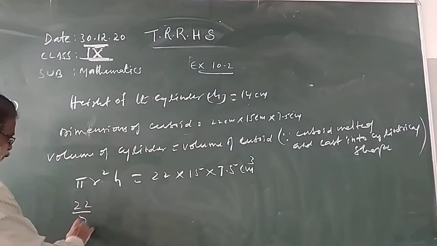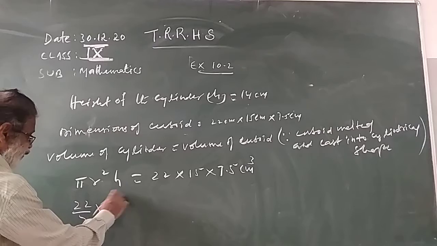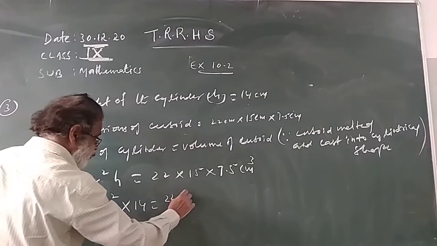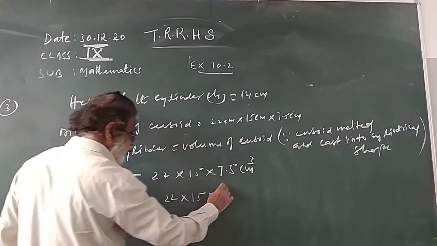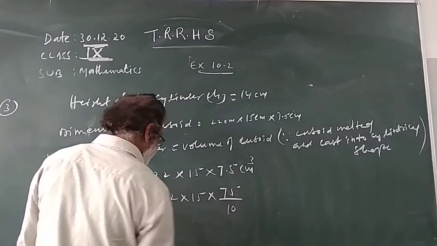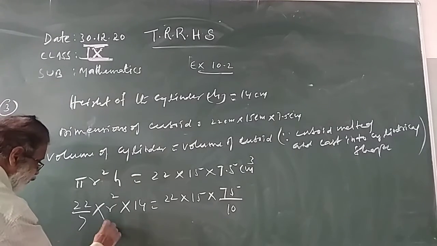Pi value is 22 by 7. We don't have the radius. The height of the cylinder is 14. That is equal to 22 into 15 into 7.5. 7.5 means 75 by 10; remove the decimal. Now find out r square.